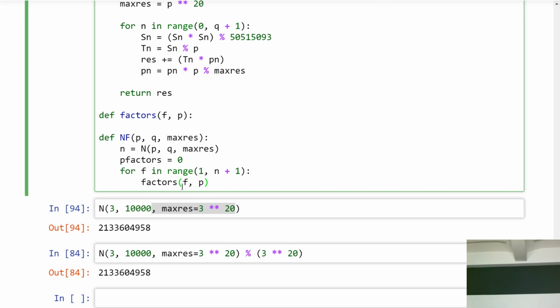The number of multiples of 3 is 66 in 200. Then there are 22 multiples of 9. Then there are 7 multiples of 27 underneath 200, and there are 2 multiples of 81 underneath 200.